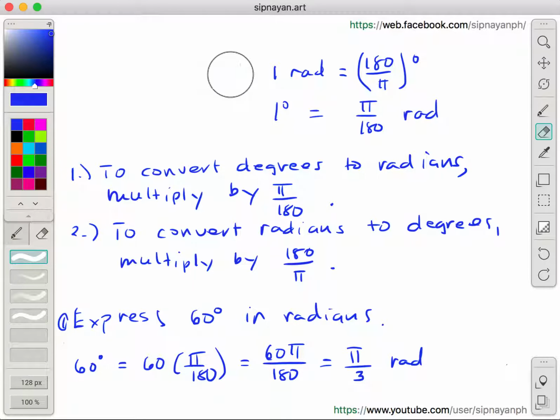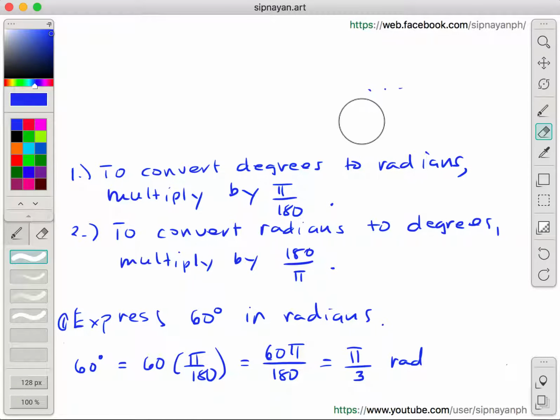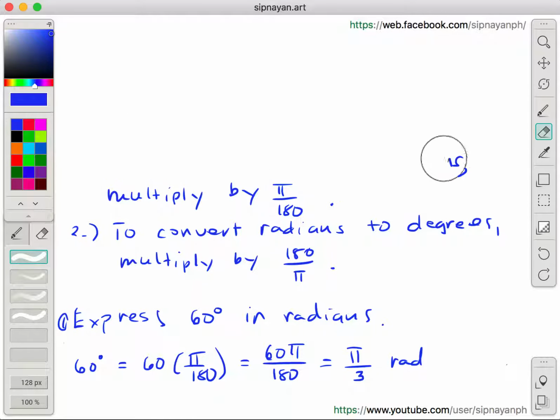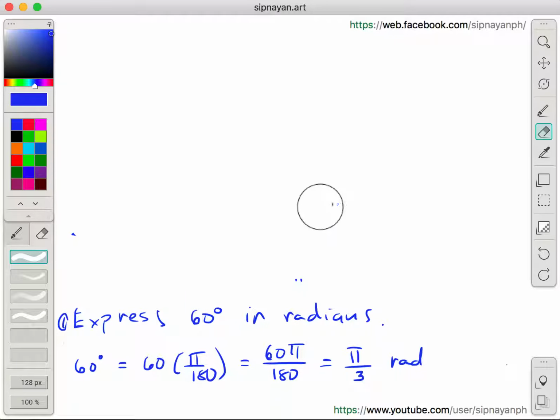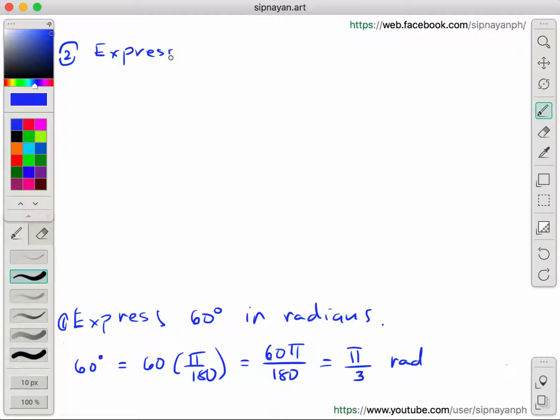Another example, paano pabaligtad naman? Example 2, we have express 2 pi over 3 in degrees. No? Okay.